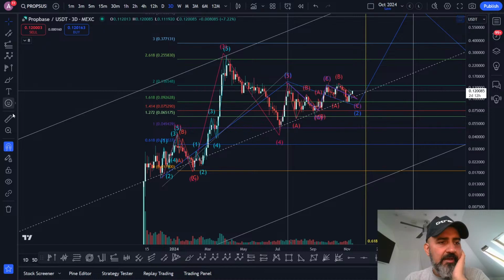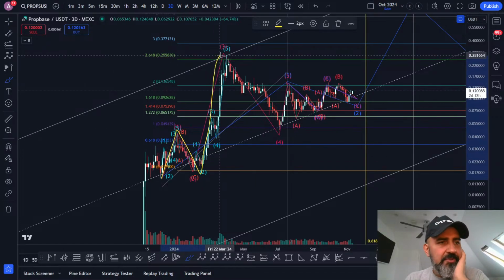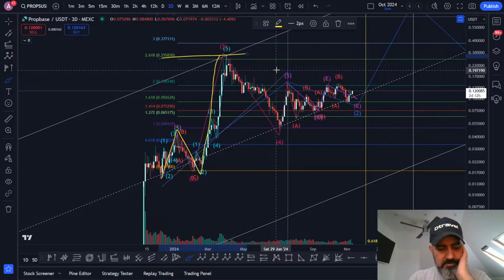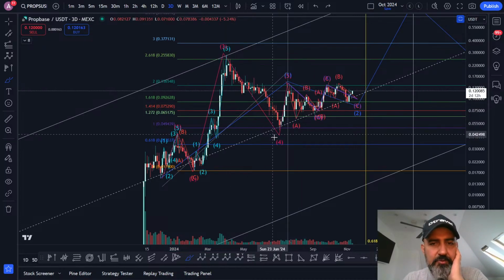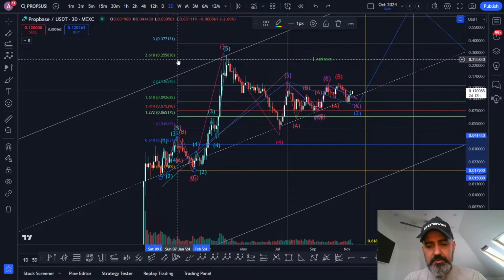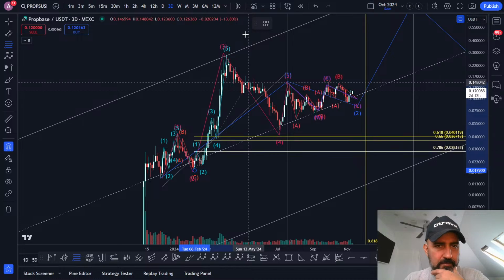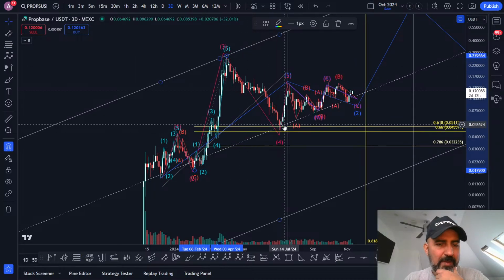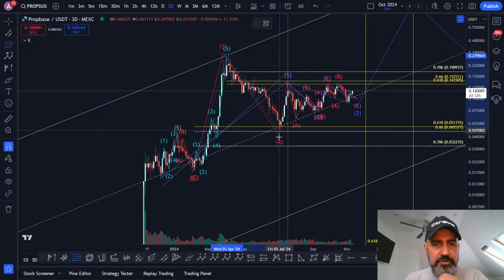See, this move from here to here went all the way up to the 2.618. That was your wave 3, and then it pulled back. How did it pull back? Well, from where we started here, it pulled back to the golden pocket for the final wave, and the final wave took us to the golden pocket.